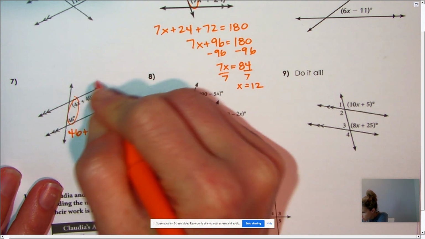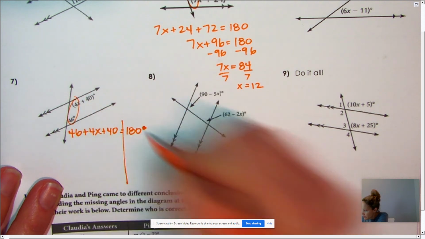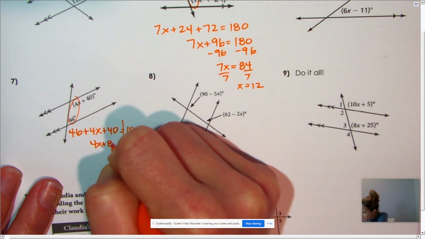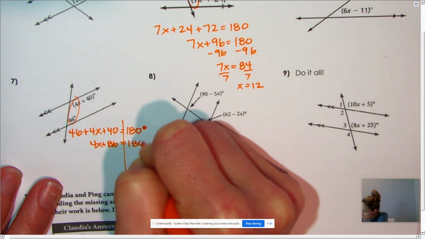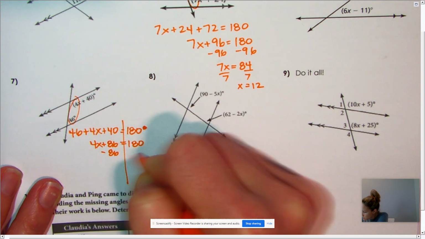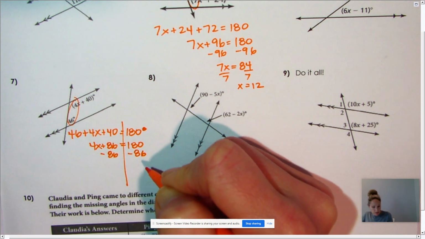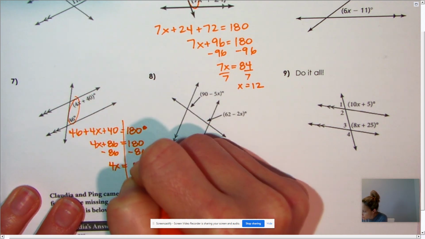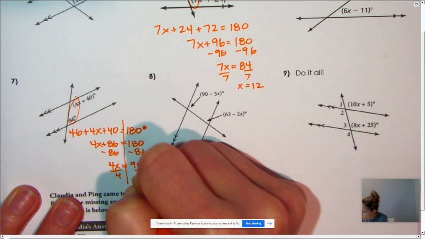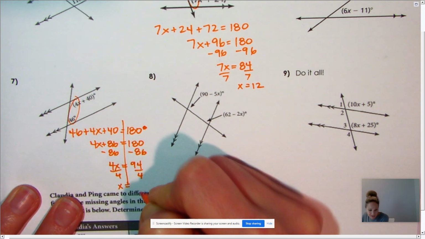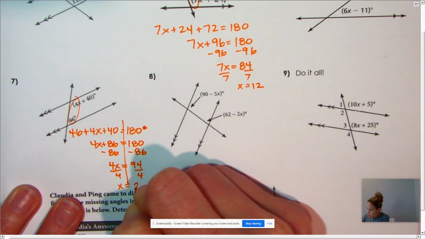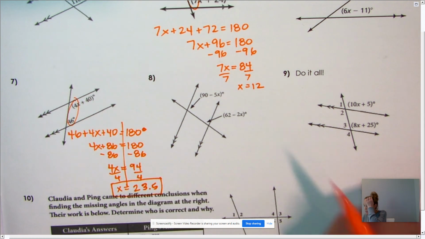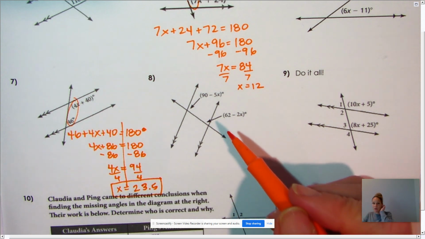So 46 plus 40, so we have 4x plus 86 equals 180, minus the 86 on both sides. And we're going to get a decimal here. 4x is equal to 94. So divide by 4 does not go in quite evenly. It goes in 23.5 times.